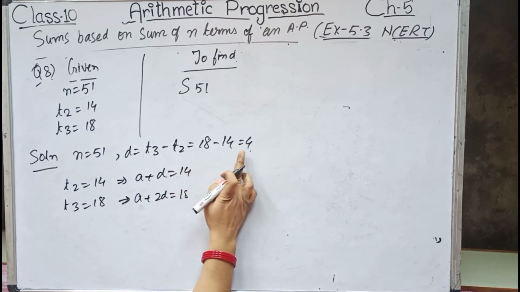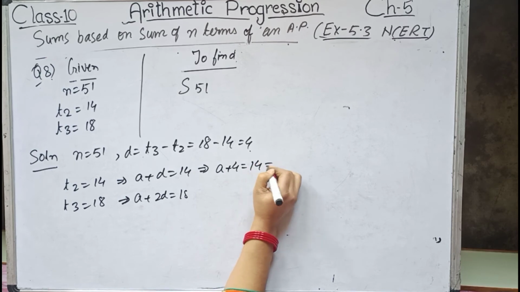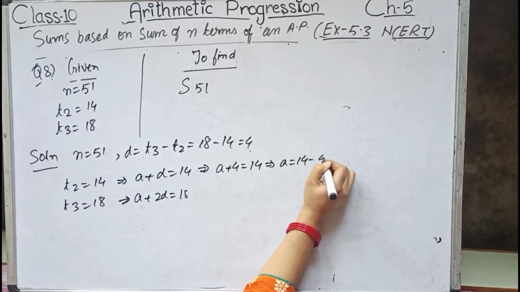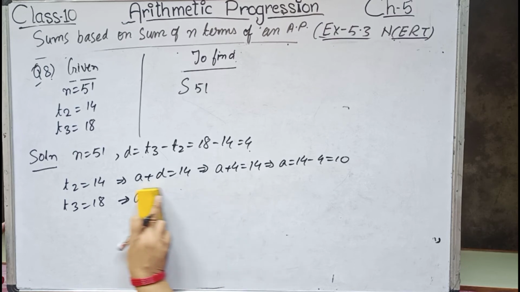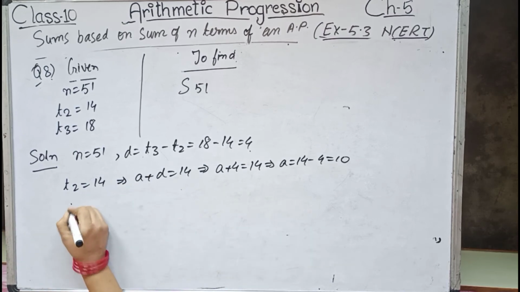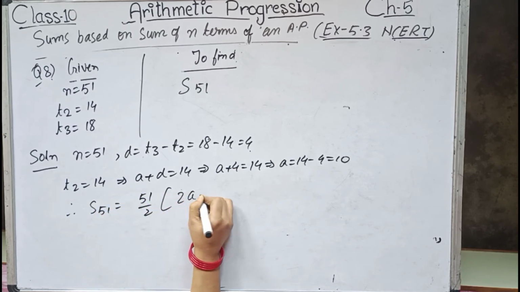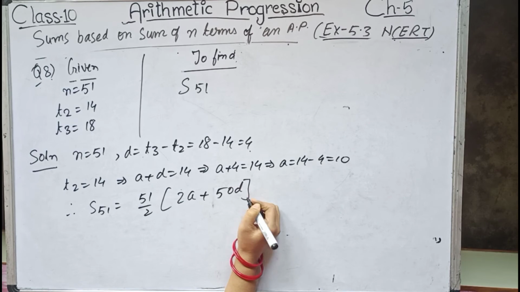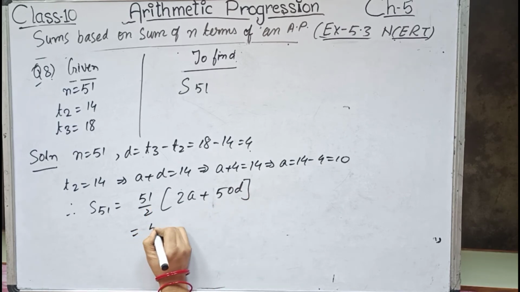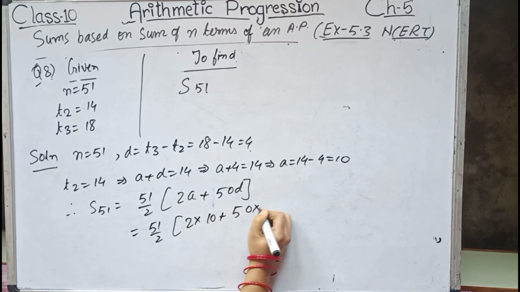Here we can substitute the value of d. So this implies a plus 4 equals 14. This implies a equals 14 minus 4 equals 10. In this way we can do it, or by solving these two equations also we can get the answer. So therefore S51 equals n by 2 times 2a plus 51 minus 1, that is 50, into d. This will be equal to 51 by 2 times 2 into 10 plus 50 into 4, the d value.